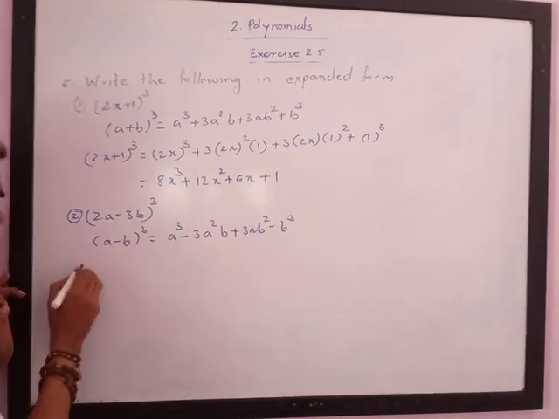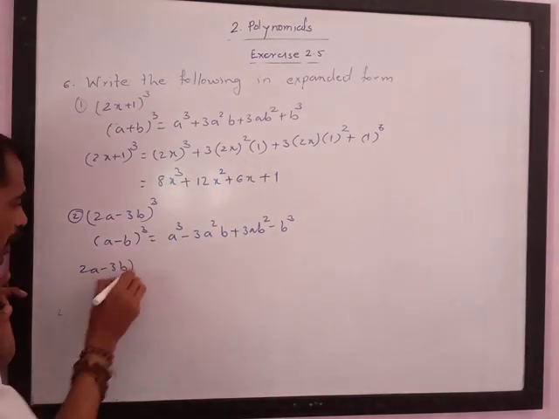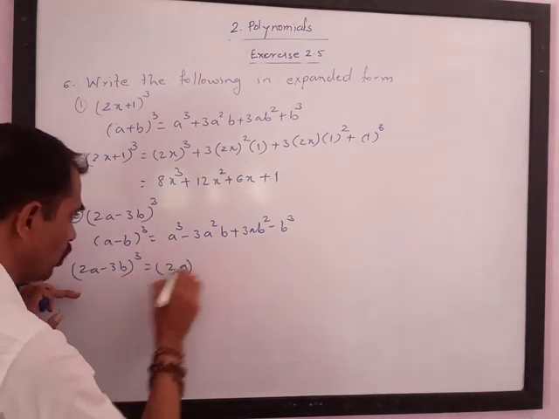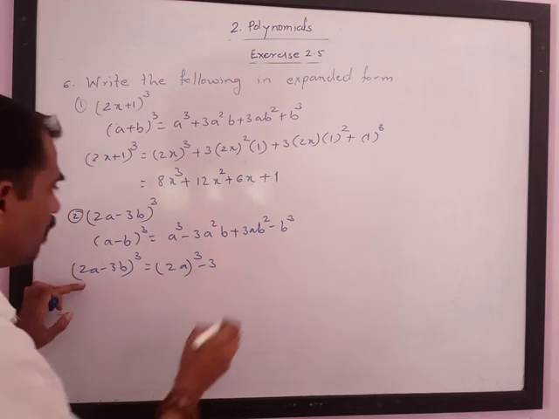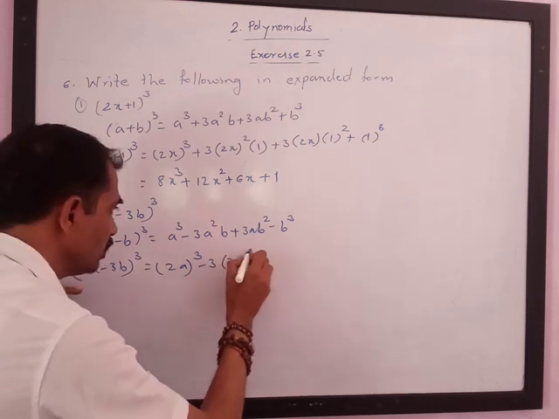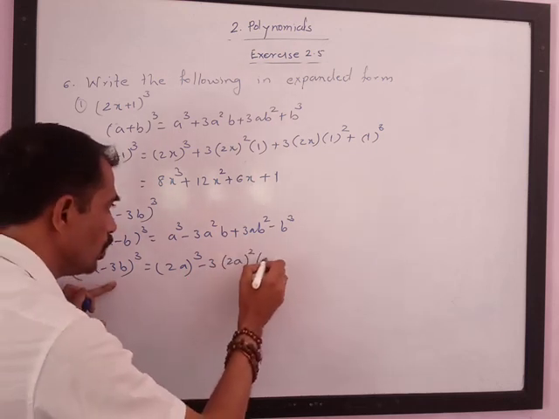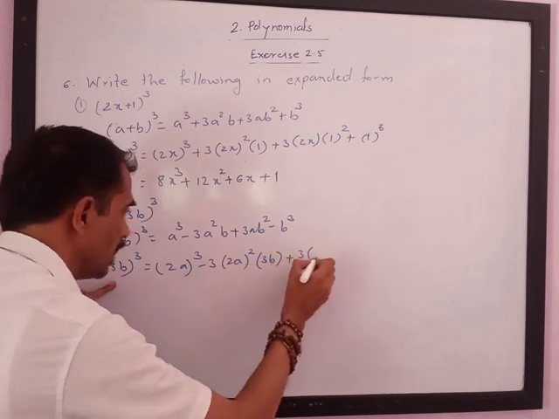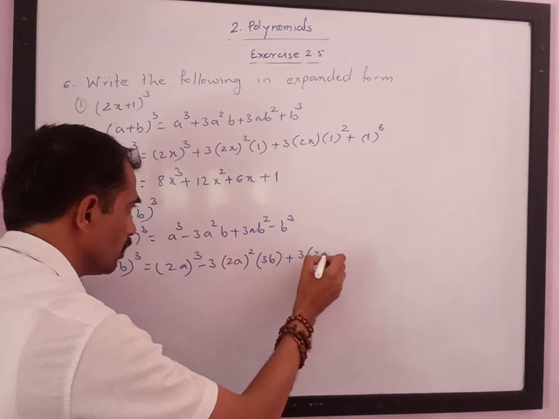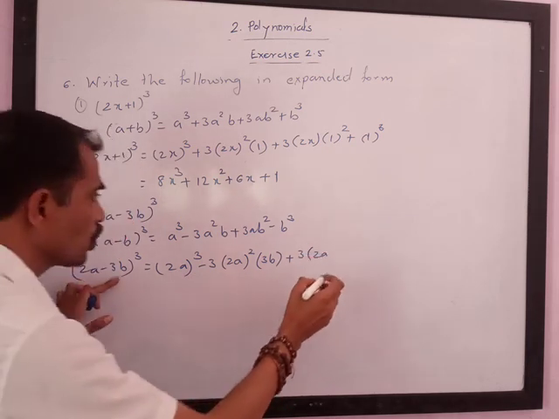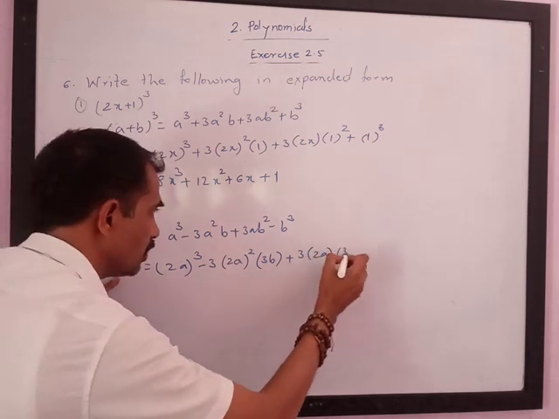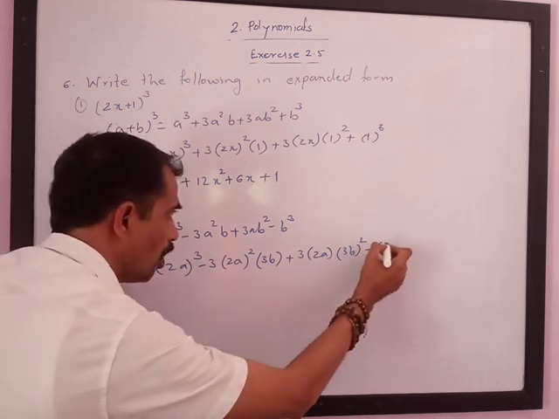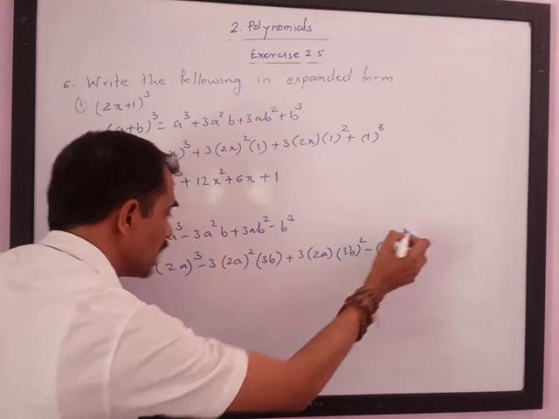So 2a minus 3b bracket cube will be equal to cube of the first, that is 2a bracket cube, minus 3 multiplied by square of the first into second, plus 3 multiplied by first into square of the second, minus cube of the second term.